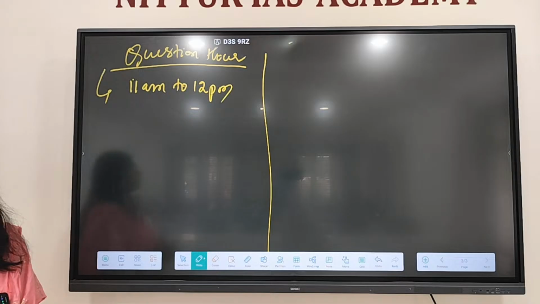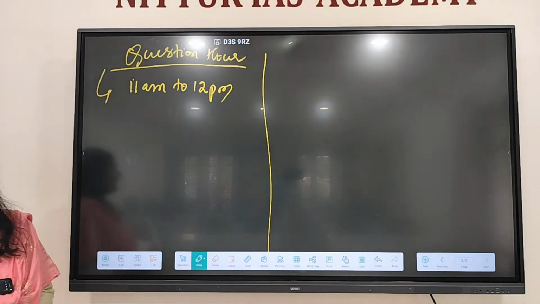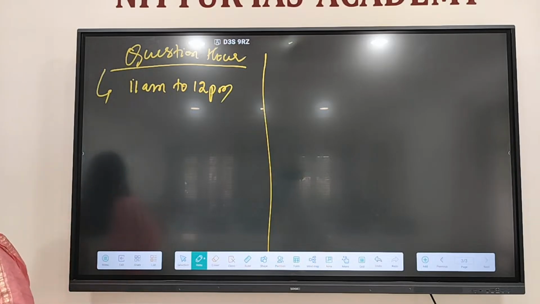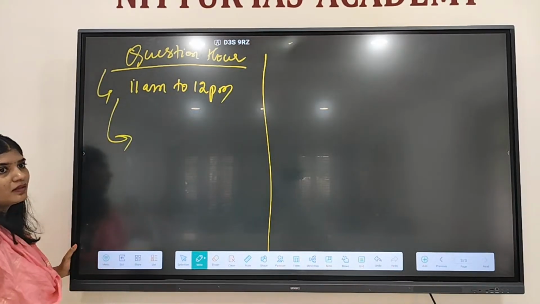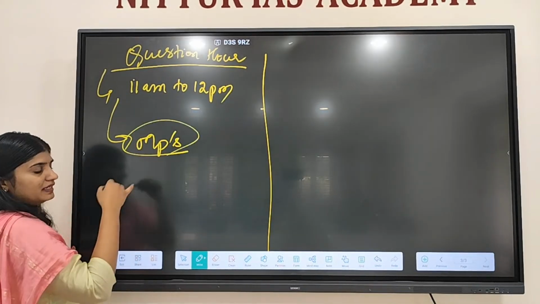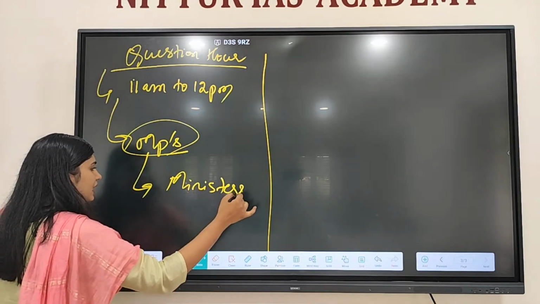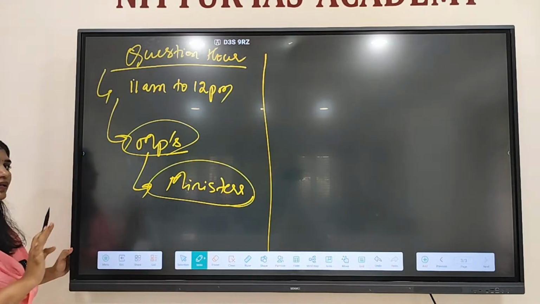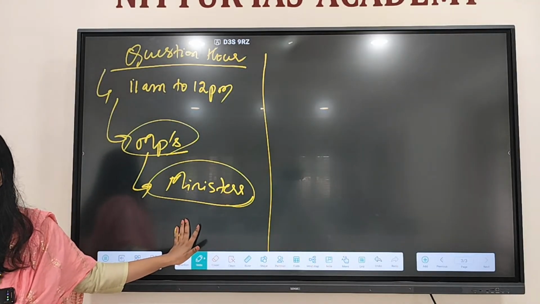In question hour, whichever urgent matters and matters of national importance are there, there will be discussions regarding that. Also along with that, the MPs can ask the ministers questions regarding what developmental works are going on under your ministry, regarding the administration, regarding the policies.